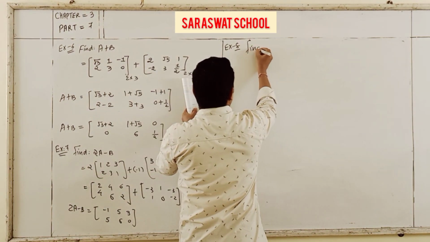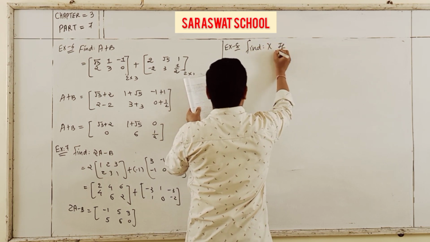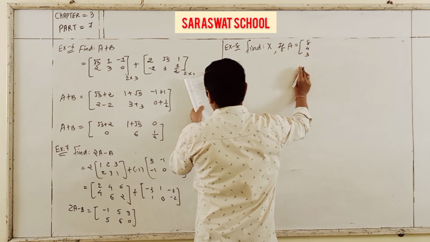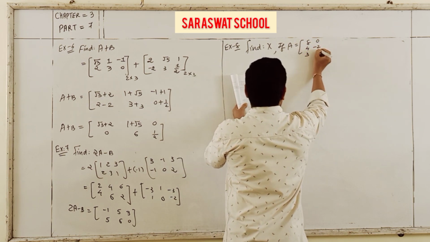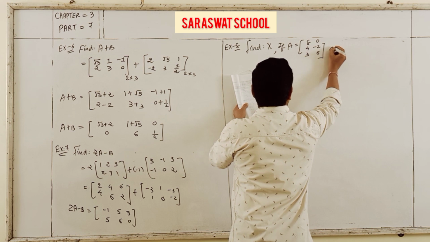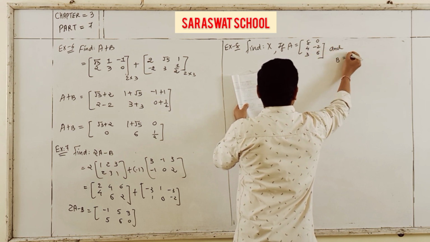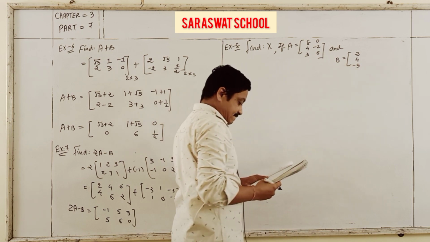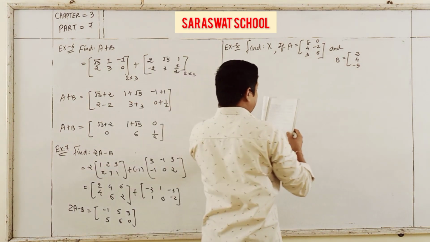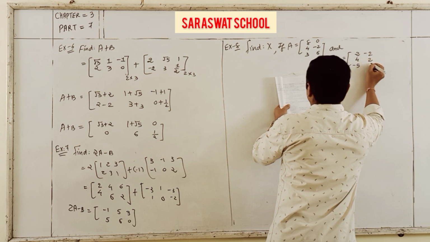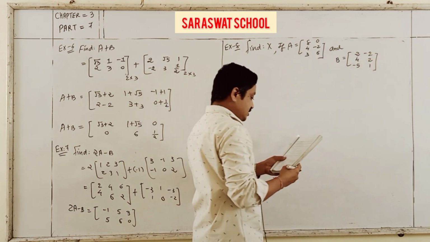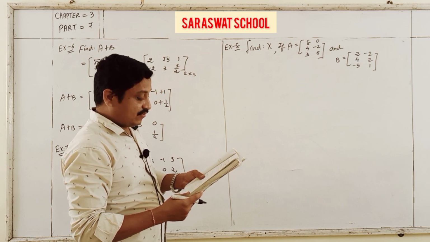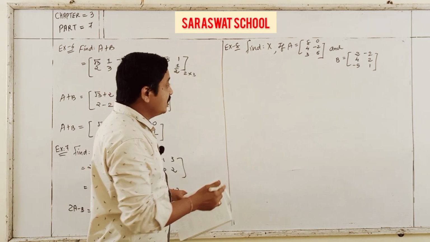Find x if A matrix 8 4 3 0 minus 2 6 and B matrix 2 4 minus 5 2 4 minus 5 and minus 2 2 and 1. Again 8 0 4 minus 2 3 6, 2 minus 2 4 2 and minus 5 1. Find out x.